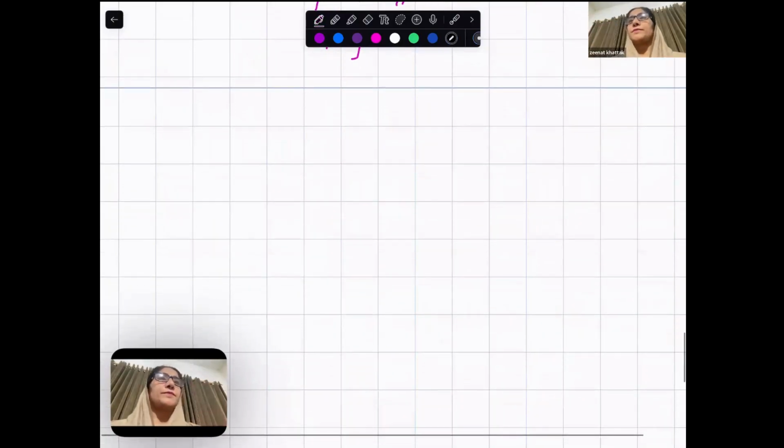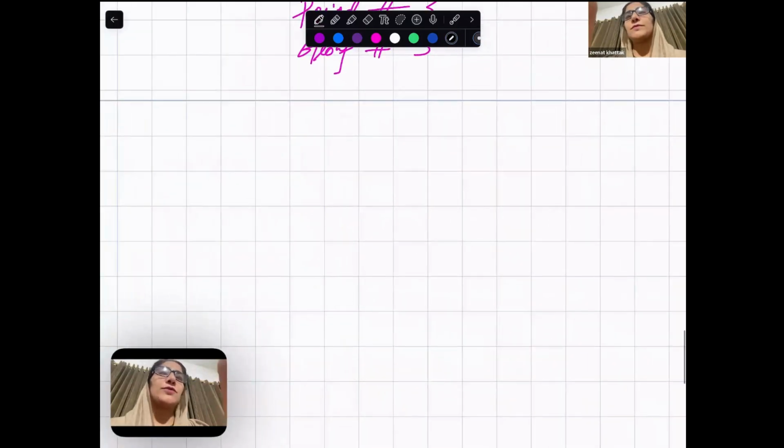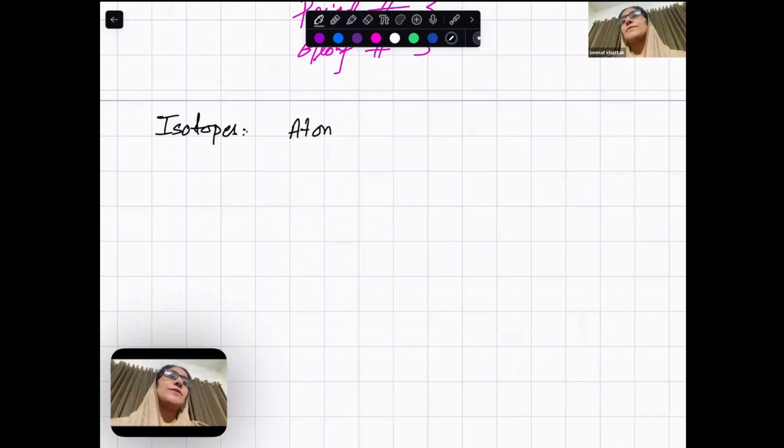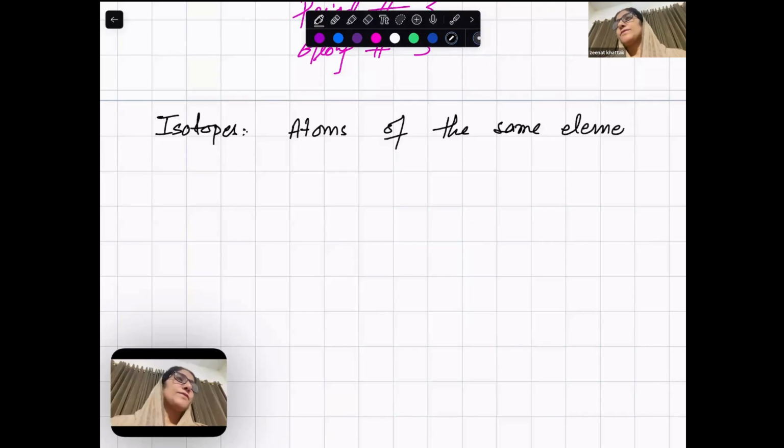Isotopes. Do you know what isotopes are? Atoms of the same element.